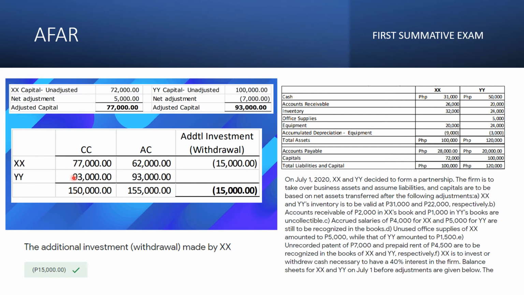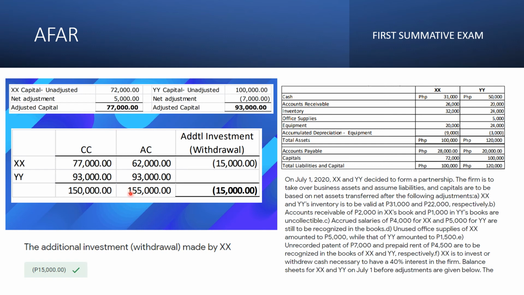So XX has 40% and YY has 60%. Now, what is the basis? The basis is not the 150,000, but rather we compute the 100% if YY is to invest the 93,000, giving him 60% interest. So 93,000 divided by 60% gives 155,000.